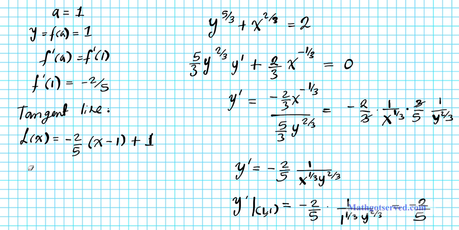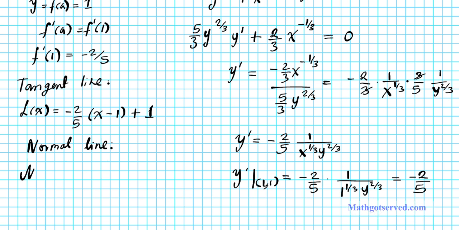For our normal line, everything else will be the same except the slope will be the negative reciprocal of this. The normal line n of x is equal to 5 over 2 times x minus 1 plus 1. Those are the two answers we are expected to get.